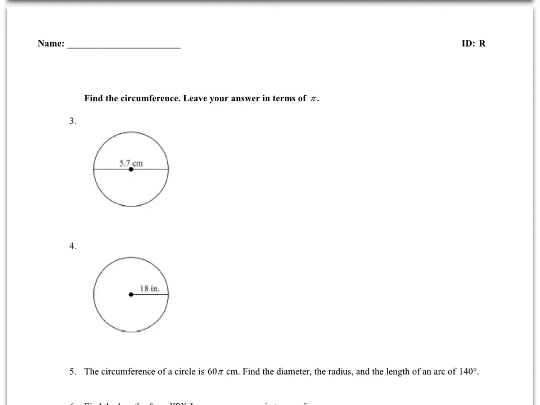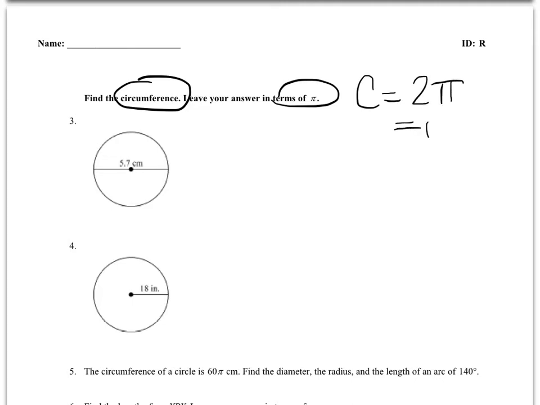You guys, you're finding the circumference, so remember for circumference, and you're leaving it in terms of pi. So circumference equals 2 pi r, or pi times diameter, either one. So when you guys are doing this, you're given the diameter in number 3, so pi times diameter, 5.7 times pi.